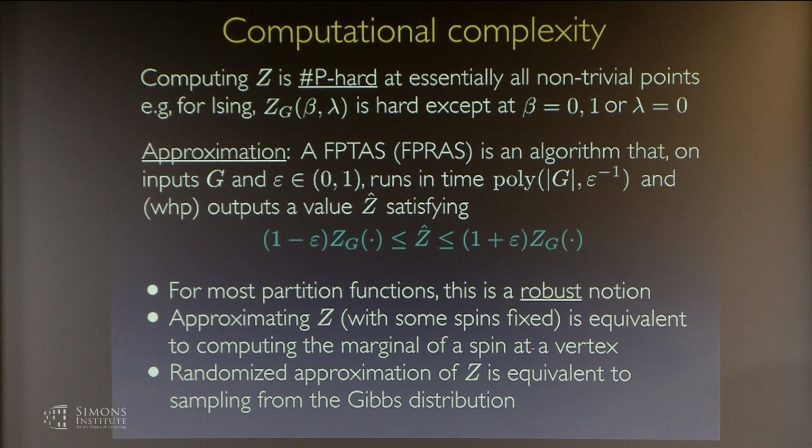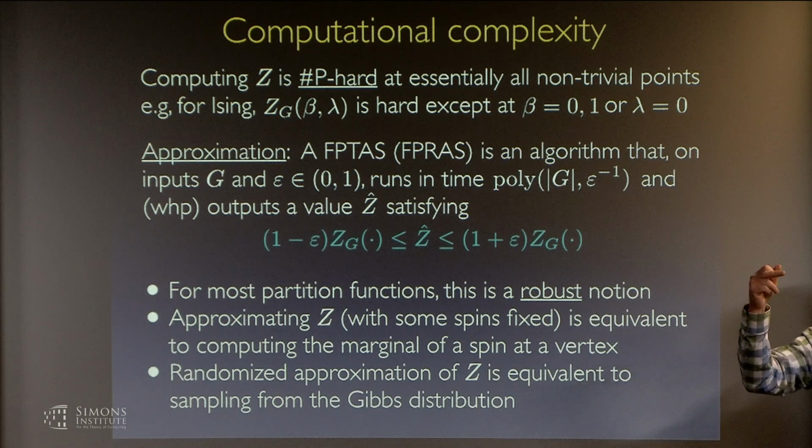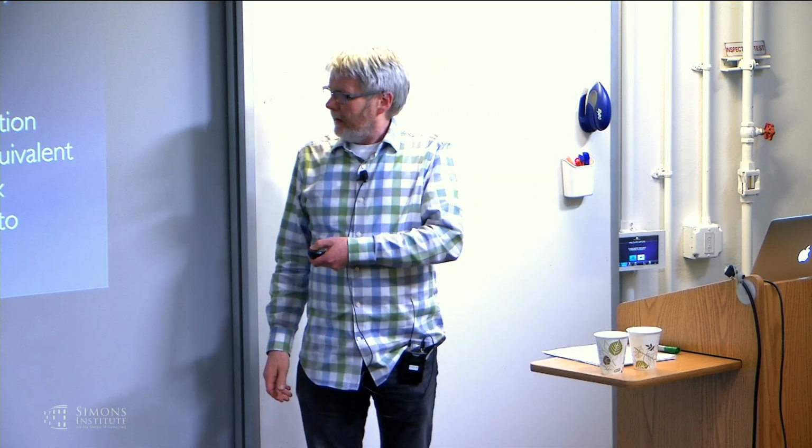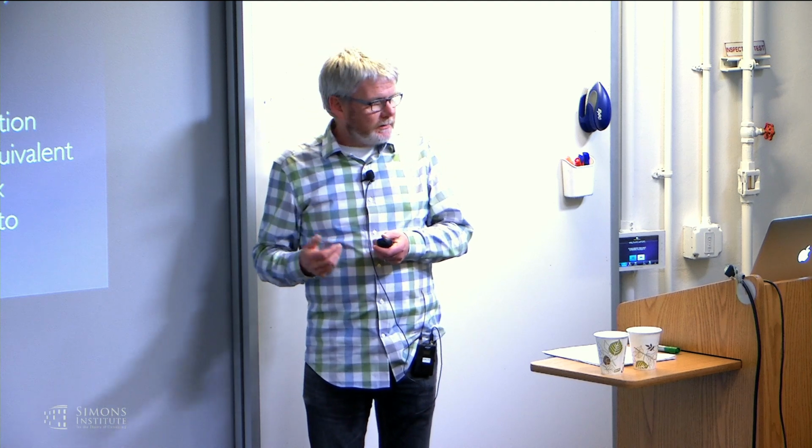A couple of other remarks that will come up. If we want to approximate Z, then it's enough to just calculate the marginal at a given vertex. So if you've got an Ising model, if you can compute at any given vertex the probability that it's plus, then that can be recursively applied to compute the entire partition function.